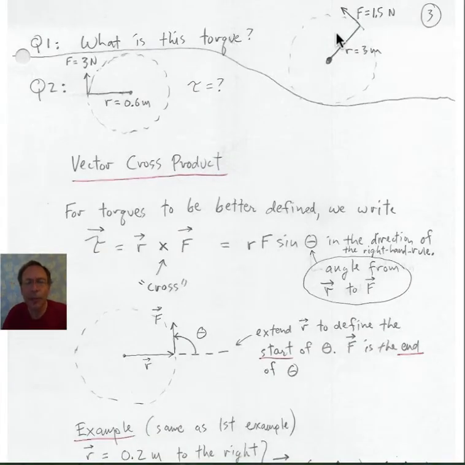This is a new concept for you, so let's do some examples. Let's figure out what this torque is. Our radius is 3 meters. Our force is this way. All right, so how would you do that? Well, the torque, tau, is going to be the radius, which is 3 meters, times 1.5 newtons.